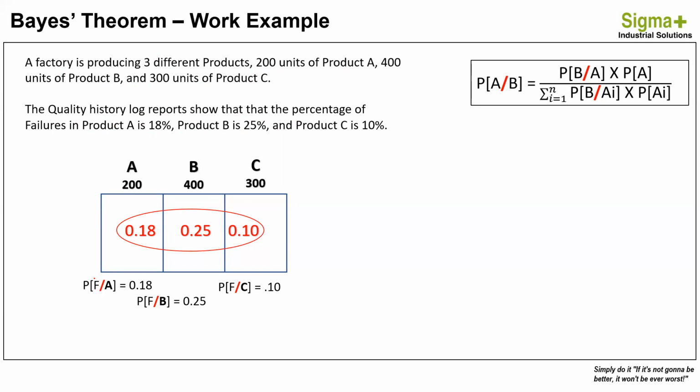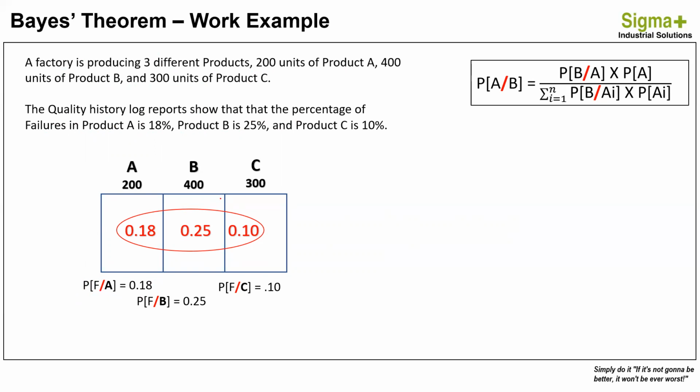So the first probability that I can know is the probability of fail, where F is short for fail. The probability of fail subjected to the condition of A, meaning under the condition that it is product A, is 0.18 or 18%.